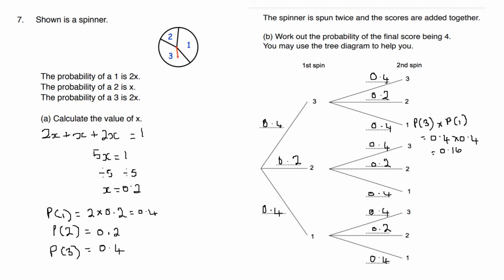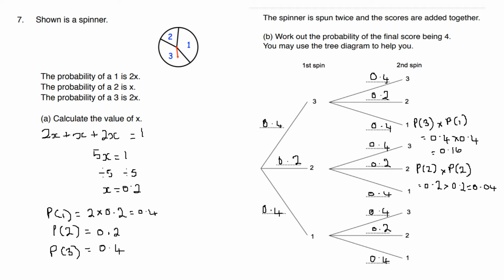Now, if I spin a 2 on the first spin, I'm going to need to also spin a 2 on the second spin. So I'm going to do the probability of a 2 multiplied by the probability of a 2, and that will give me 0.2 times 0.2, which will give me 0.04.